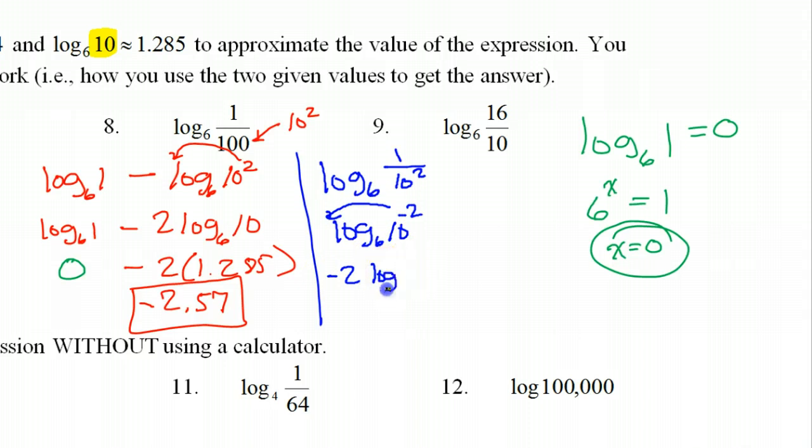So that would have been log base 6 of 10 times negative 2. And then that would get you to the same place as this. But I'm very comfortable with negative exponents, so I would do it this way. People that are freaked out by negative exponents and keep forgetting what it really means, you'd probably like the red way better. So to each her own.